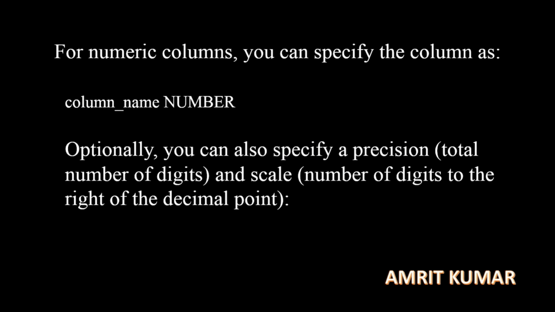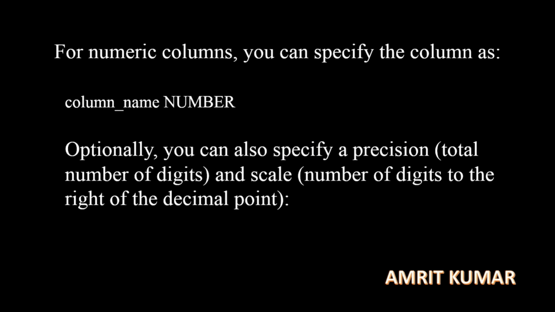Now what do precision and scale mean? Oracle gives the facility that you can also specify a precision, that is the total number of digits, and scale, which is the number of digits to the right of the decimal point. So very simple: precision means the total number of digits and scale means the number of digits to the right of the decimal point.